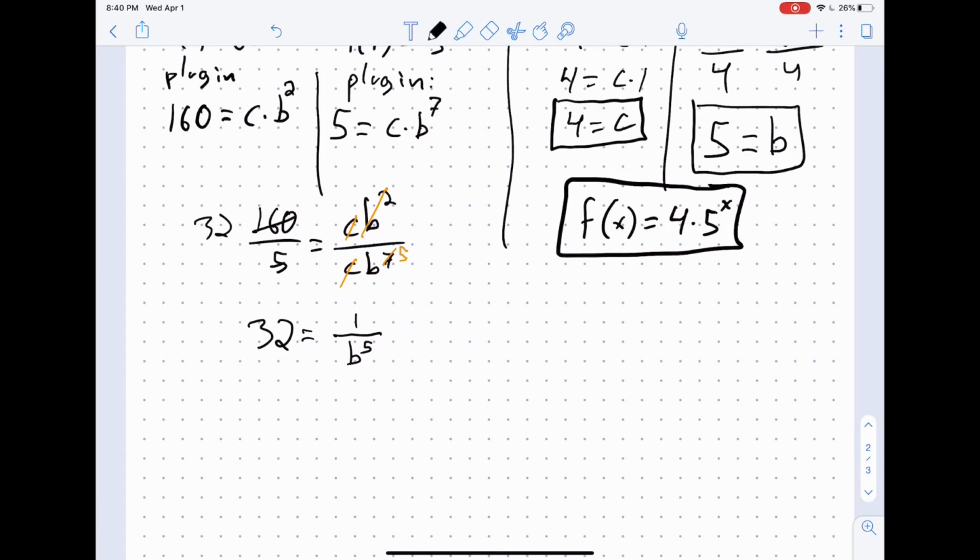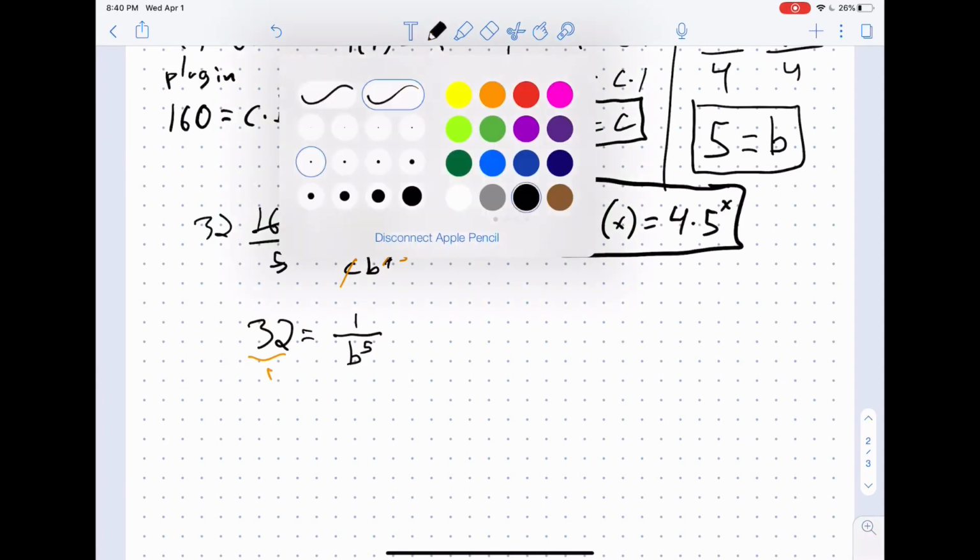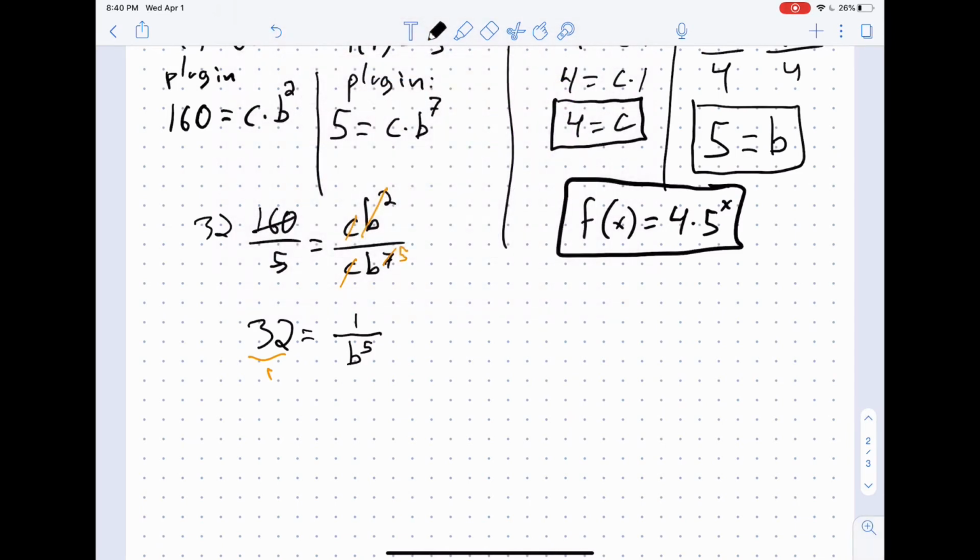Instead, I'm going to take this equation. I'm going to think of it as being 32 over 1. And I'm going to cross-multiply. Another way to say it is just to say that I'm going to multiply both sides by the same thing, which is by b to the 5th.